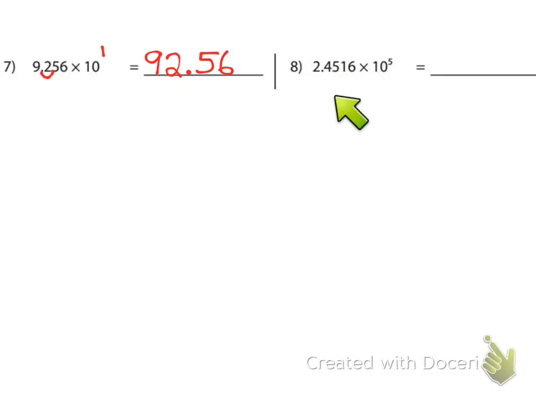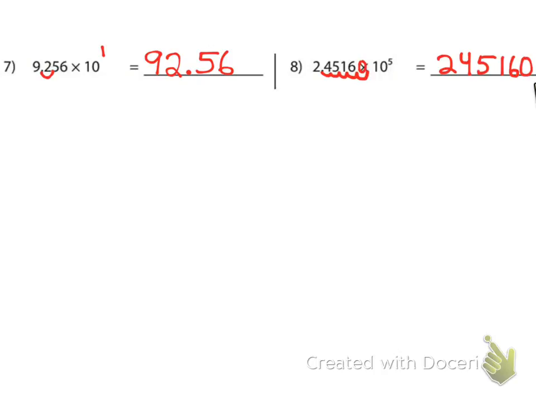All right, how many jumps do I want on number 8? 5 jumps. So find your decimal, jump it 5 times. 1, 2, 3, 4, and I'm out of space. Add a 0. So you need to add a 0 on the end. You need a placeholder. This is going to be 245,160.